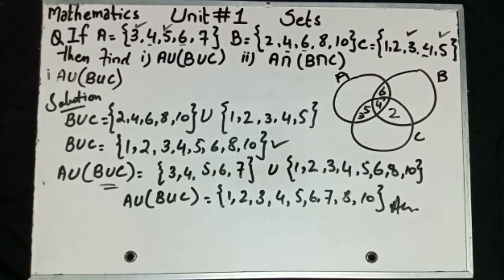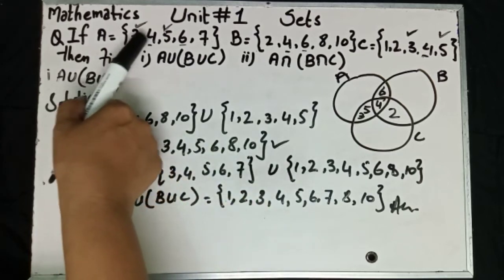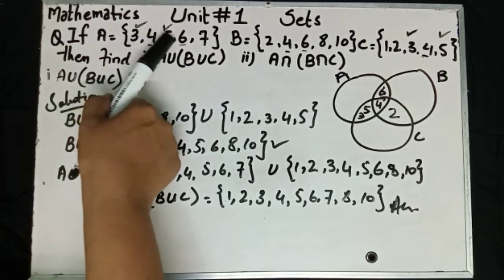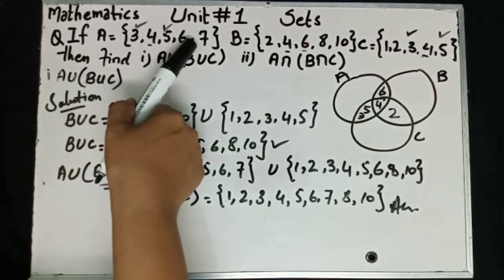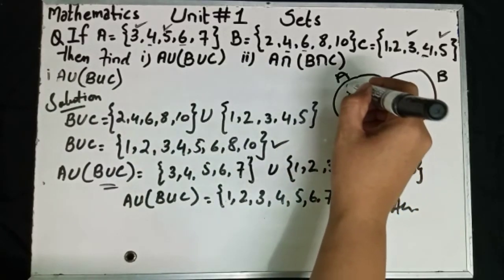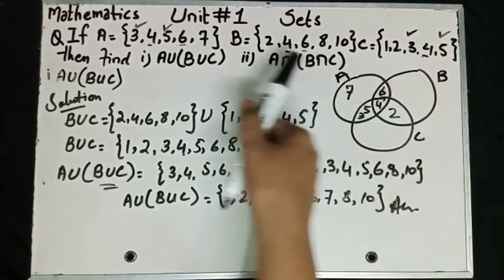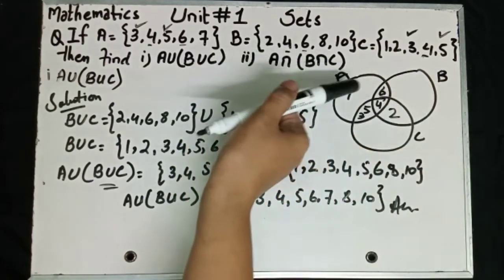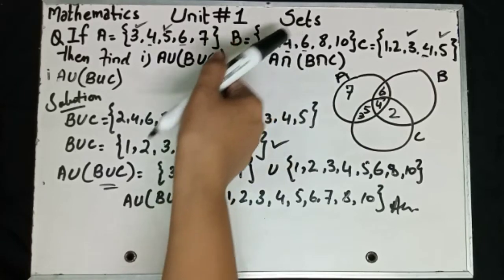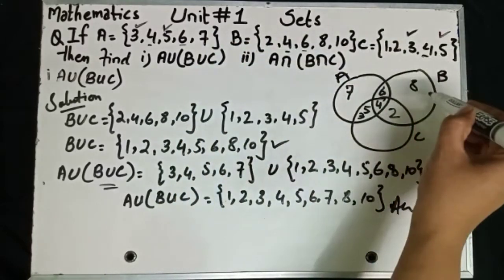Now the remaining elements of set A: except these elements, 7 is left. So 7 is the remaining element in set A. In set B, 8 and 10 are the remaining elements.